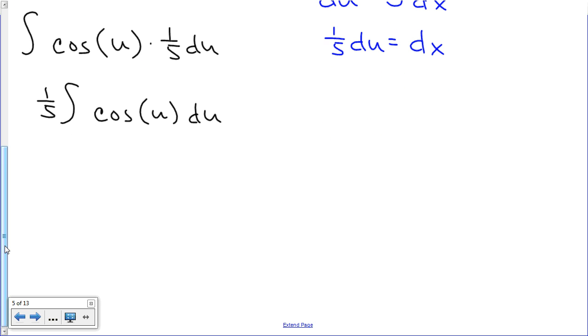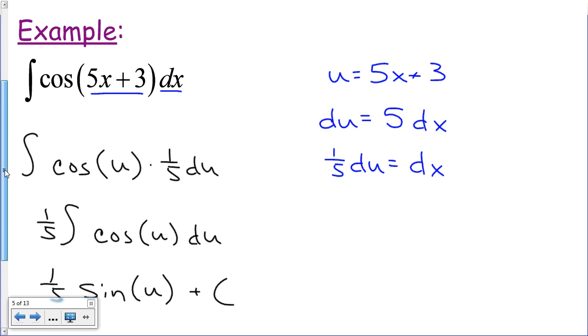I know the antiderivative of cosine of u. That is, I know that to get a function whose derivative is cosine, I must have started with sine. And with an antiderivative, we always, of course, have our plus c at the end. The only thing that I have a problem with this answer is that I started out with an equation that was in terms of x.